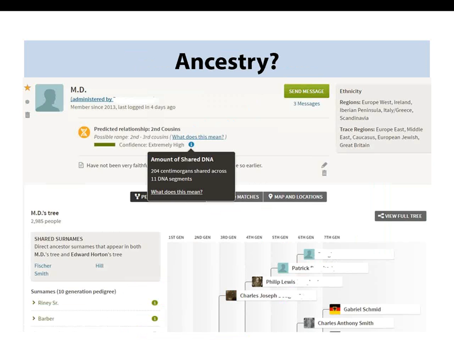Now, Ancestry does not have a chromosome browsing feature. The extent to seeing the strength of your match involves clicking each match, then going to their confidence level, scrolling your mouse over to their blue eye, and then that will show you the amount of shared DNA and along how many segments, not the lengths of each segment.